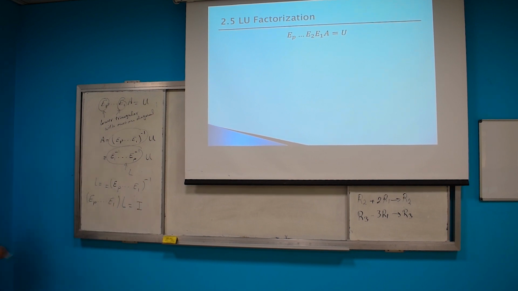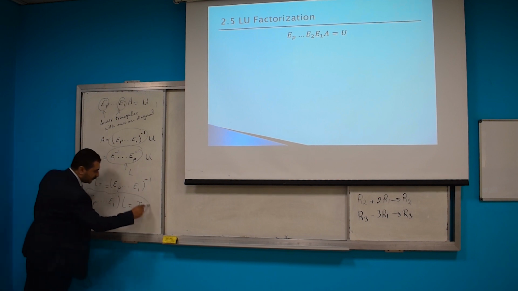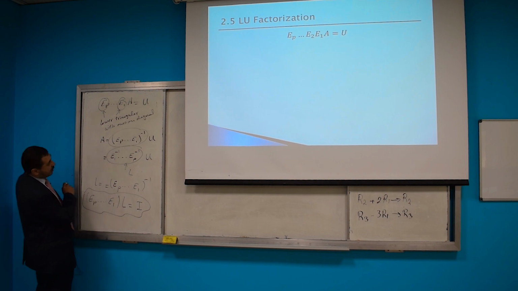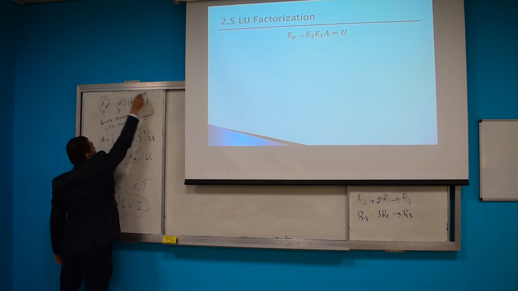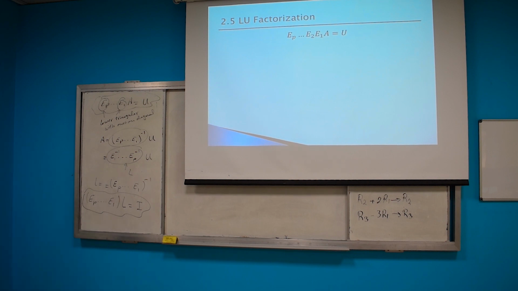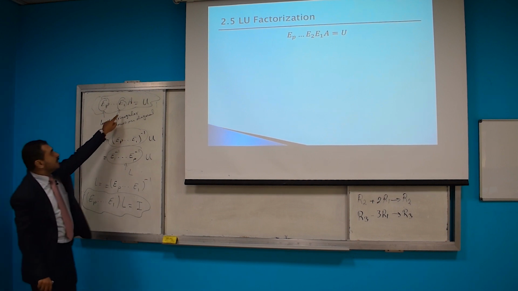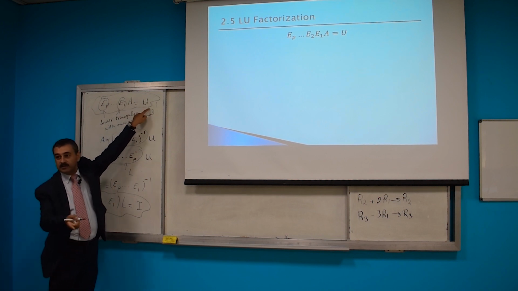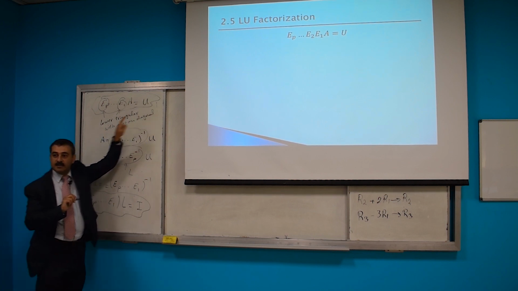Right? Look at this equation and this equation. What can you say about these two equations? You did here some operations on the matrix A, you reached your upper triangular matrix.